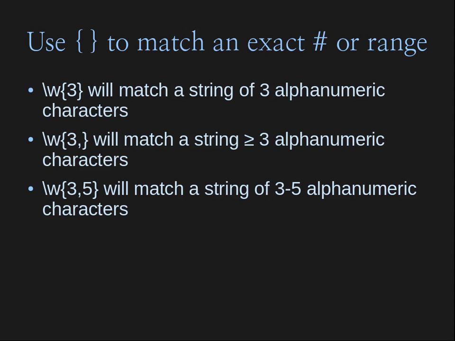That does the exact same thing. However, these curly braces give us a little bit more power than that. We can also put a comma in here, so we can do, for instance, 3, 5 will match anything in a range between 3 and 5. Or if we do 3, and then nothing after that, just a curly brace, we will get anything greater than 3. So this is kind of cool. This allows us to then set the number that we actually do this.